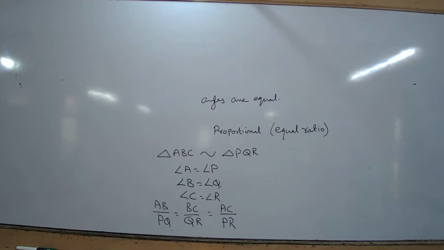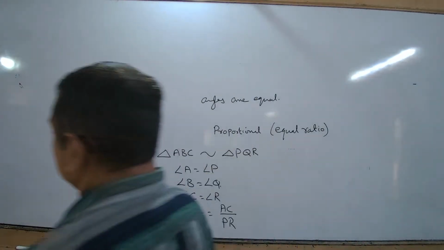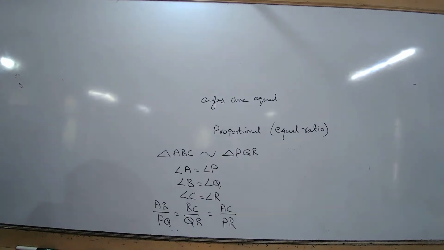Whereas in similar triangles, corresponding sides are proportional. What is the meaning of proportional? Equal ratio.